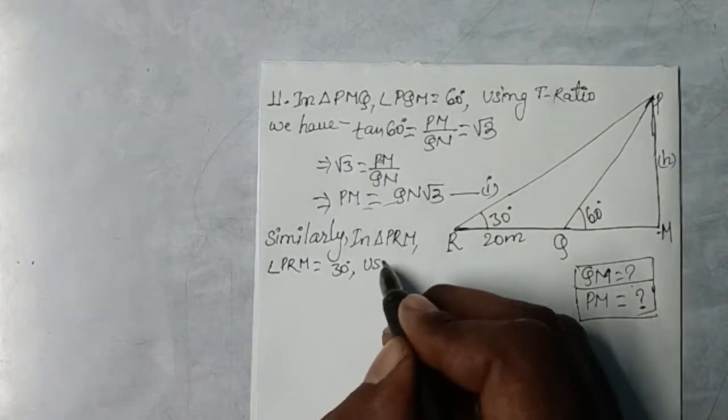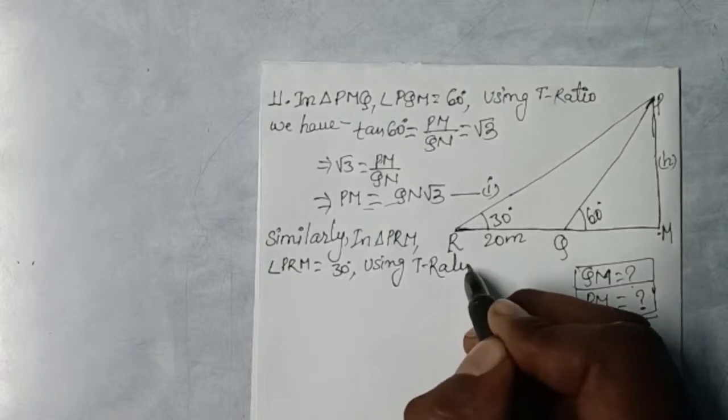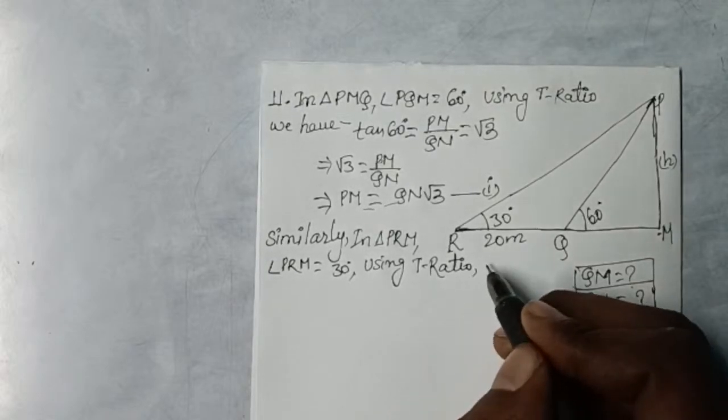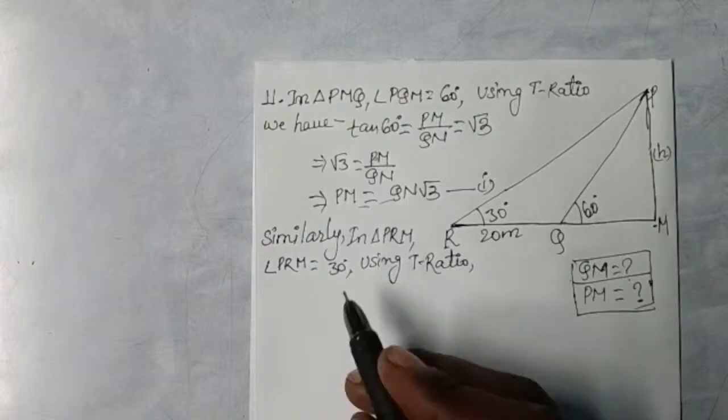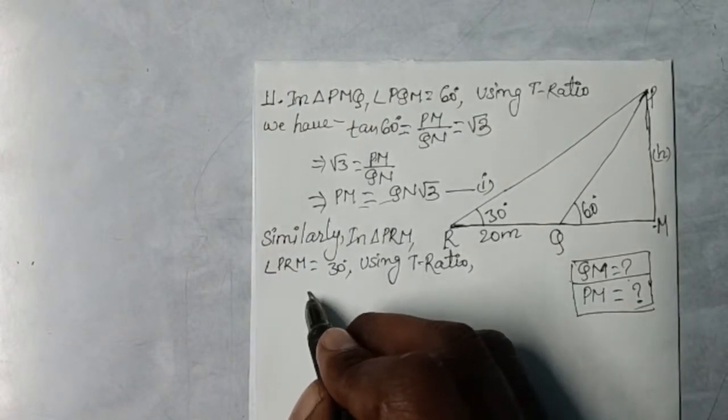Therefore, using T ratios, we will again apply the same, that is tan 30 degrees.